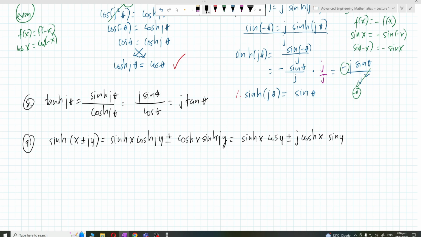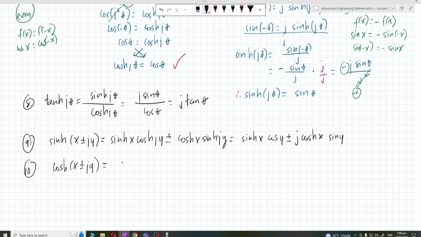Number 10. The cosine hyperbolic of x plus or minus jy. Okay, dito lang guys nagkaroon ng difference. Di ba sa trigo, pag plus, minus, pag minus, plus. Sa cosine hyperbolic guys, pag plus, plus, pag minus, minus na.